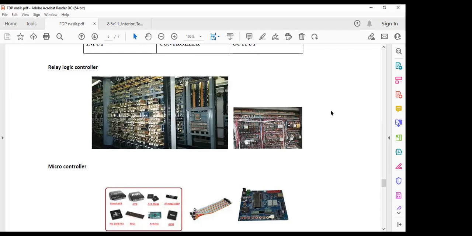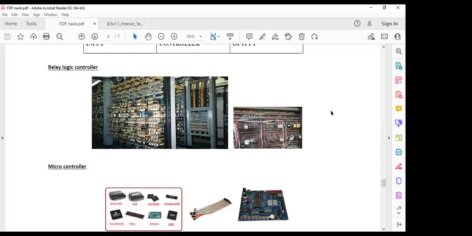Another problem was, if it shut down, it was so difficult to find out the issue because it was full of wires. It had many electronic components. It had a relay, contactor, hardware timer, hardware counter, all these things. In some old machines nowadays also you can find a relay logic controller. Okay, let it be.